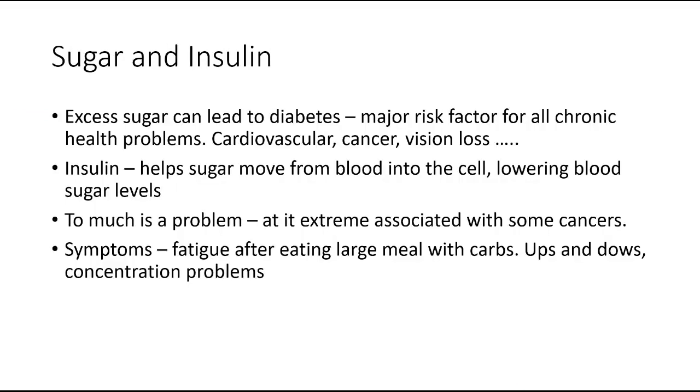So what's the importance of the ketogenic diet? I would say one of the biggest importance is it's a low sugar diet. It's a very, very low carbohydrate diet. And sugar is a very big problem these days, and it leads to a lot of different problems when in excess. So it leads to diabetes, and diabetes is a risk factor for a ton of chronic illnesses.